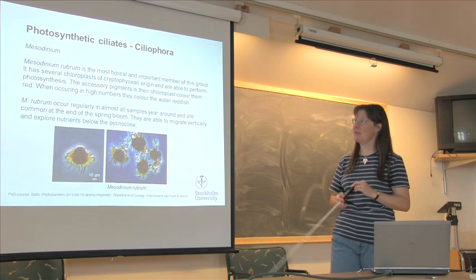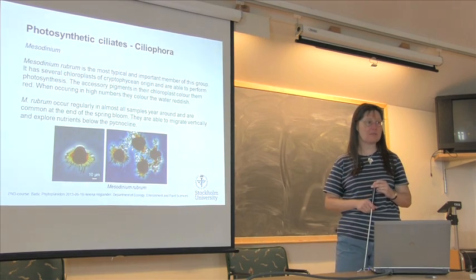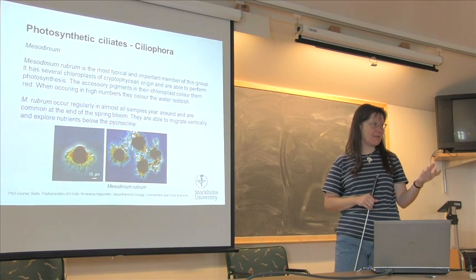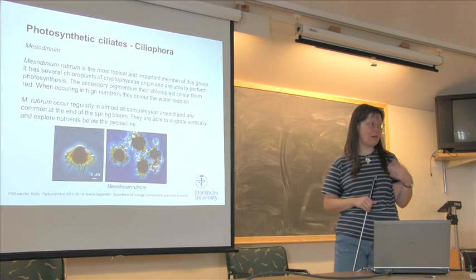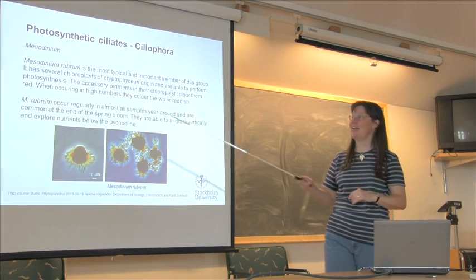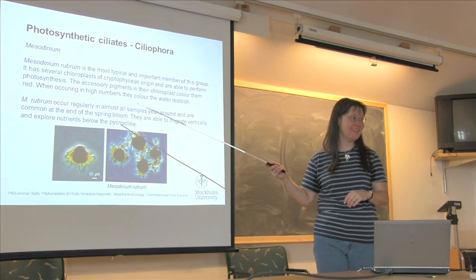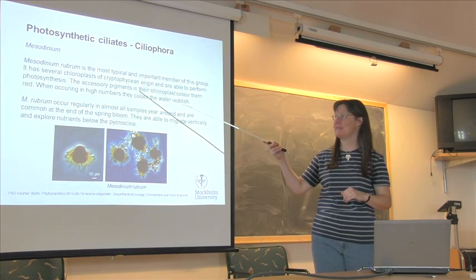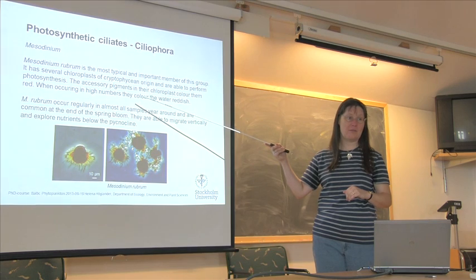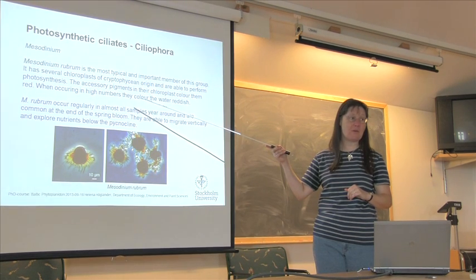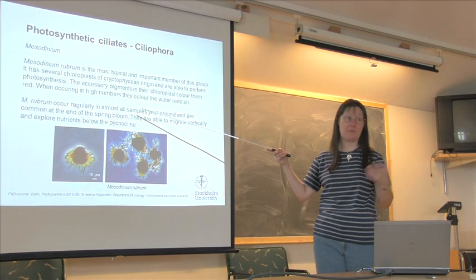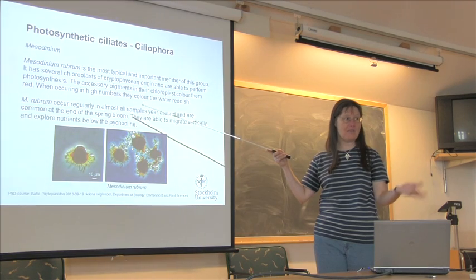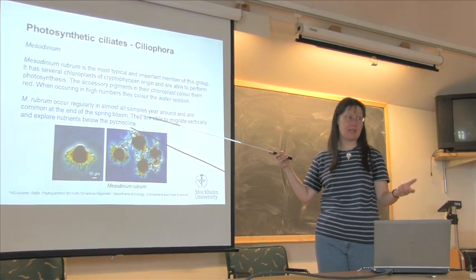And if you have this species together with cryptophytes in a culture, the cryptophytes disappear and they end up inside the Mesodinium, and it uses the chloroplasts from the cryptophytes. They seem to be robbing them of that and using them after that for their photosynthesis, and they can be self-sustaining by that.